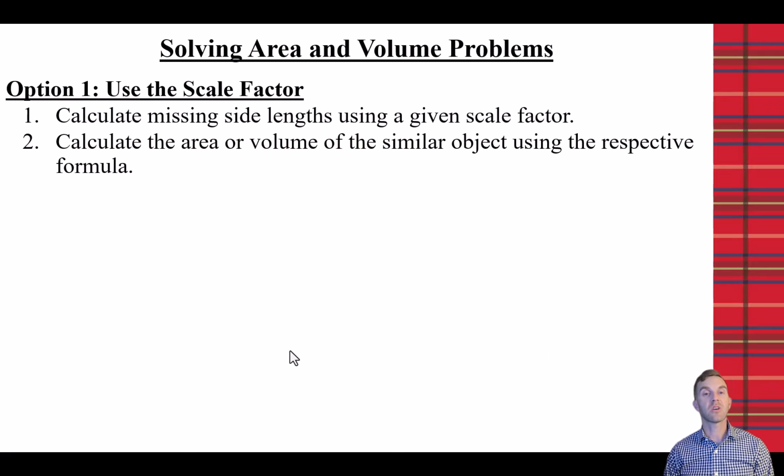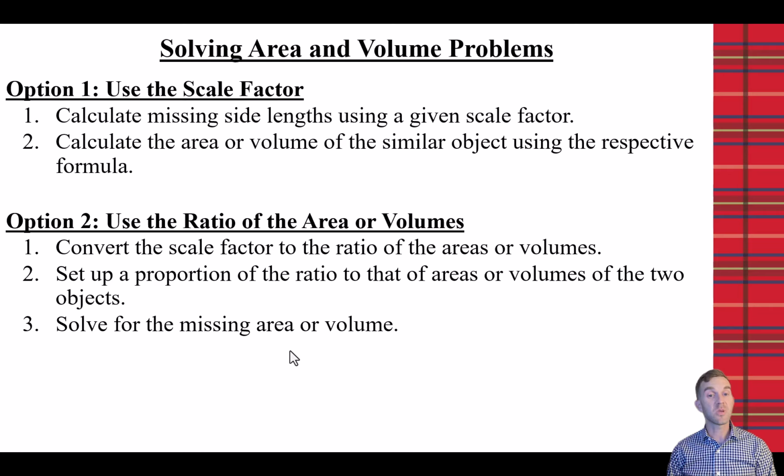Now, if you need to solve for area or volume or some part of those, including the scale factor or missing side from two similar objects, we've got two ways we can often do that. One, we can use the scale factor to calculate missing side lengths, and then we can find those missing sides and then use formulas to actually calculate the area or volume of the respective similar object.